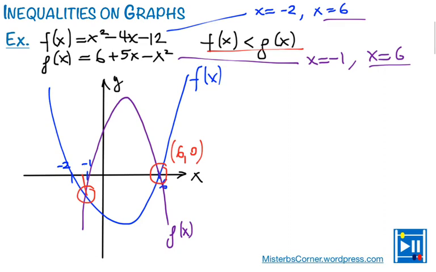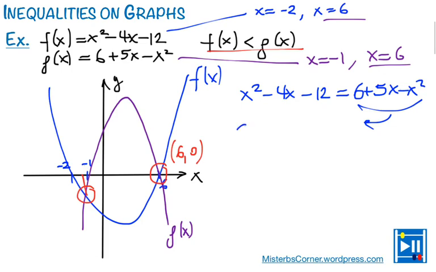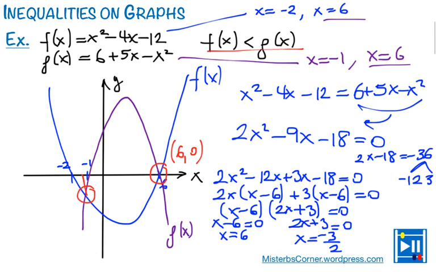So I have to equate the expressions, get a new quadratic equation, and solve it. Namely, it's going to be x squared minus 4x minus 12 equals 6 plus 5x minus x squared. If I take everything on this side to the other side, it's going to be 2x squared minus 9x minus 18 equals 0.